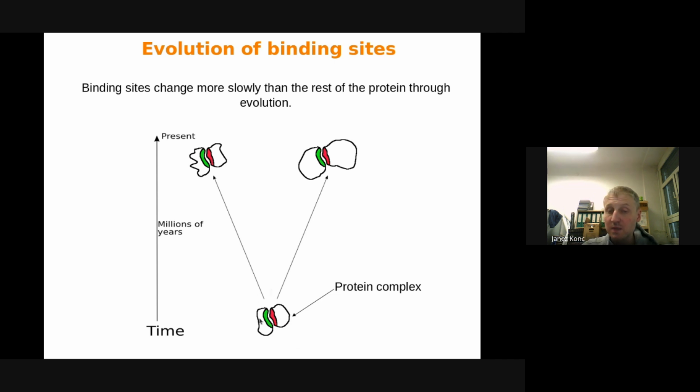If you imagine a protein complex millions of years ago in some bacteria, mutations happen, organisms evolve during millions of years, and the mutation can happen anywhere on a protein surface.